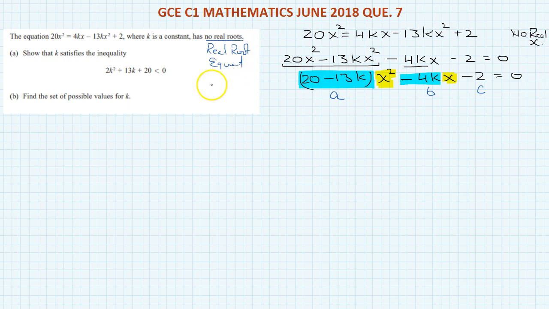So for that, b square minus 4ac: if it is no real root, it is less than 0. B square minus 4ac equal to 0 gives equal roots, and b square minus 4ac greater than 0 gives real roots.